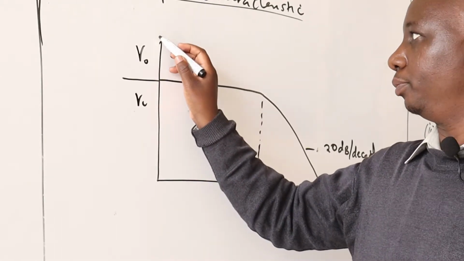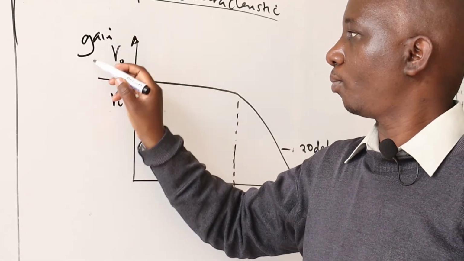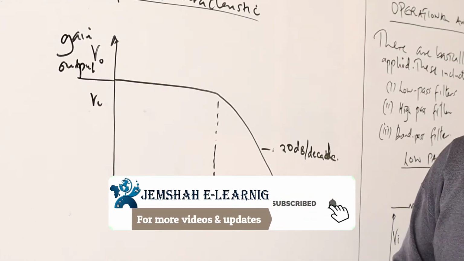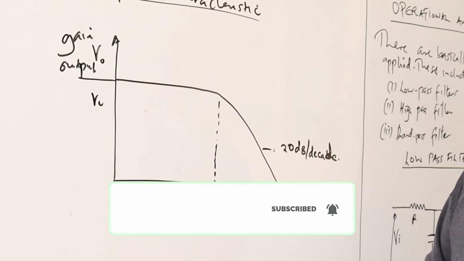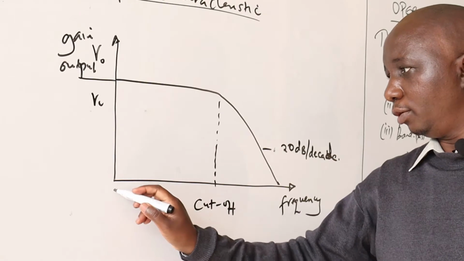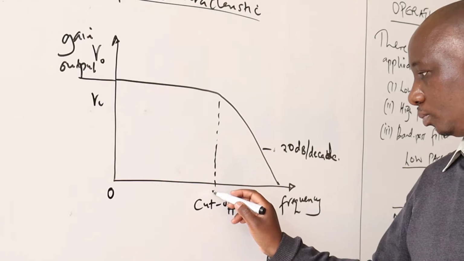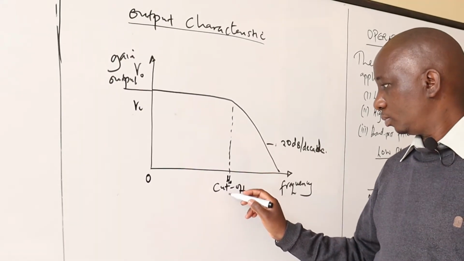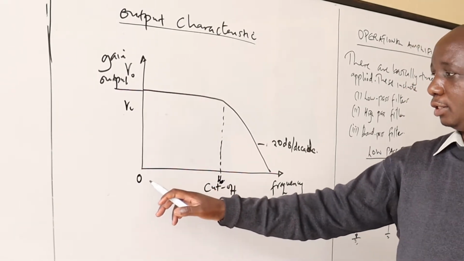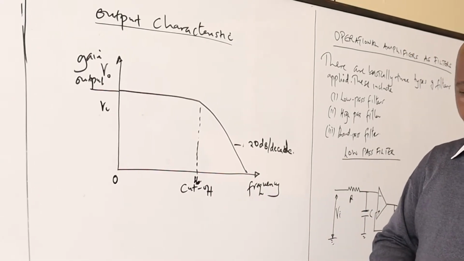This is the gain. So when we look at this output characteristic, we are starting at this point here, and this is the cut-off frequency. At this area we are still at low frequency, but just above the cut-off, the frequency changes to a high value.